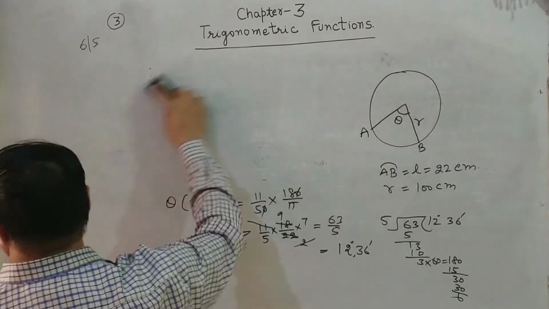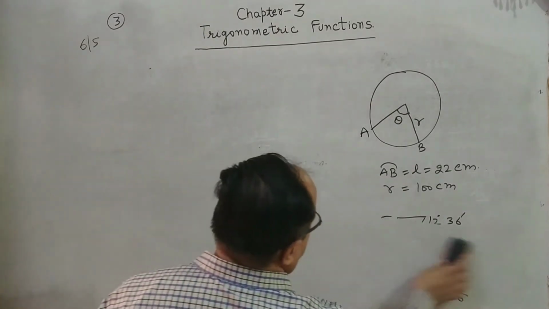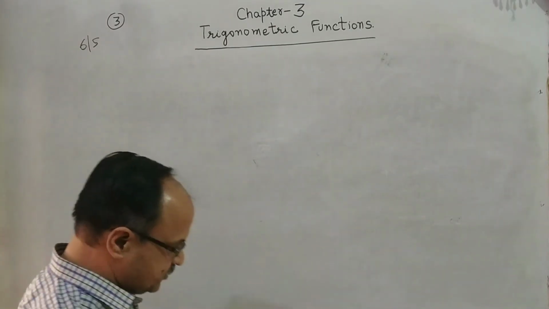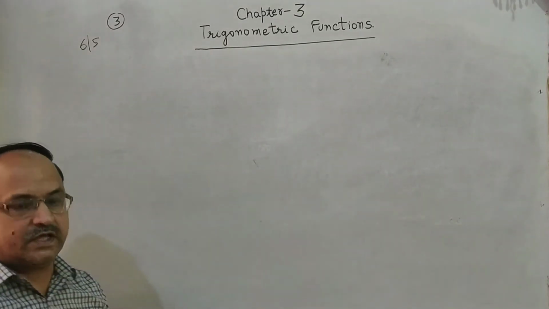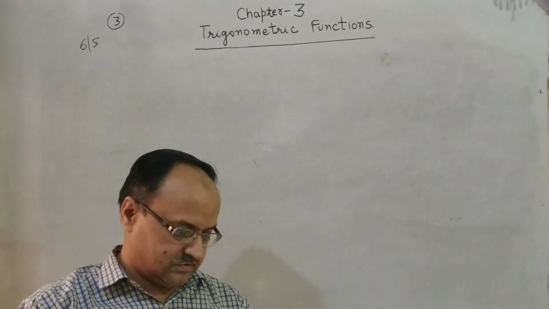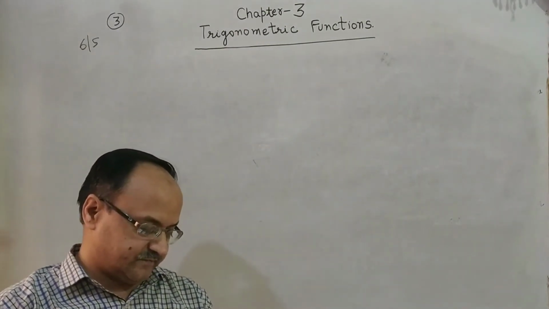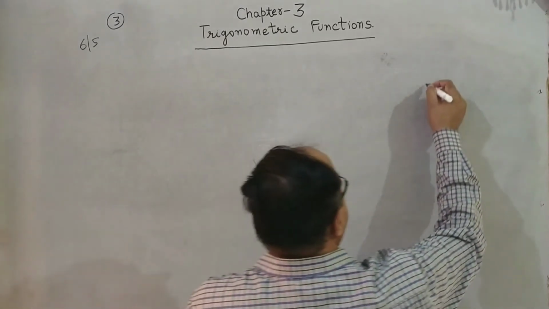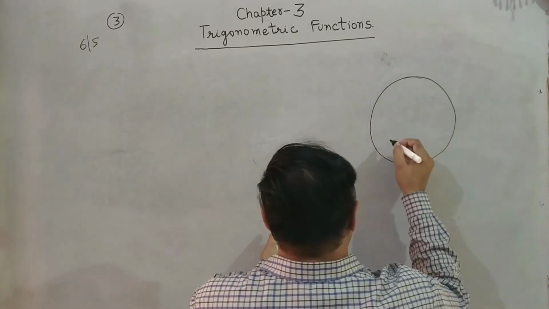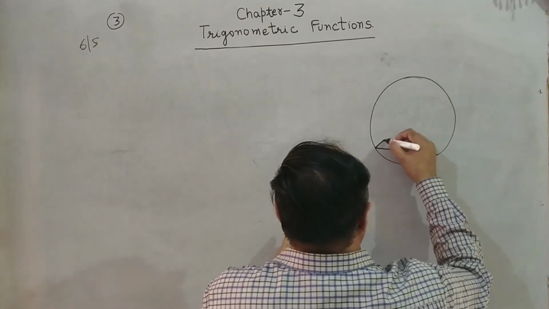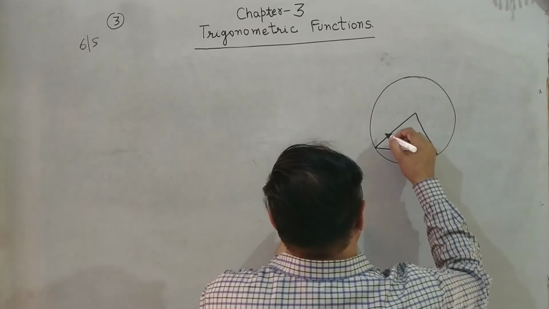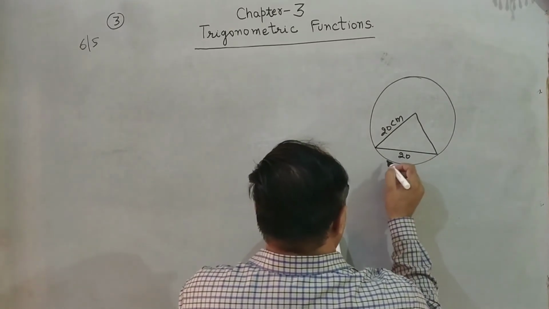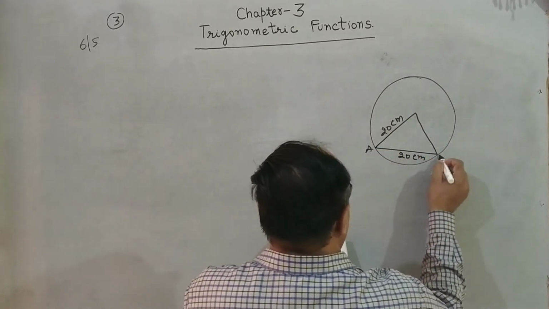This is question number 4, and now we solve question number 5. In a circle of diameter 40 centimeters, it means the radius is 20 centimeters, and the length of the chord is 20.